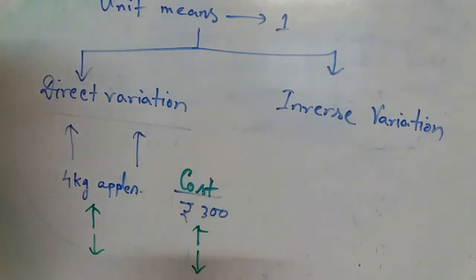So if the amount of apple decreases, then the money which I have to pay also decreases. This type of variation is direct variation.